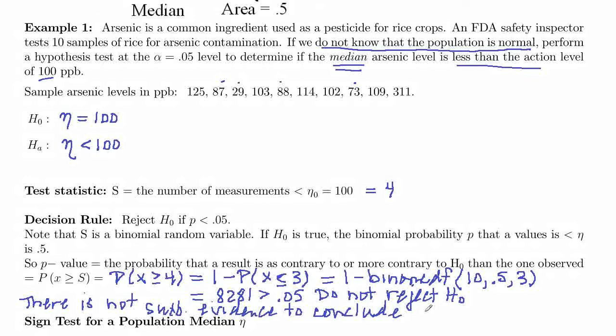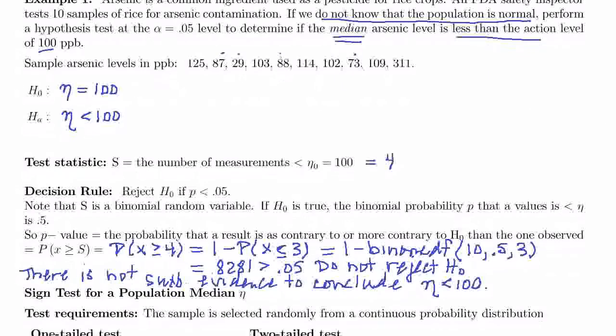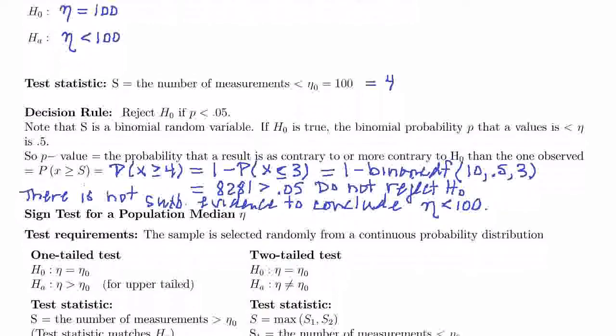So in this case, to conclude eta is less than 100. So there's not sufficient evidence to conclude that the median is less than the action level. So we would conclude that it's at or above the action level. So that's a Sign test. That's how you complete a Sign test.